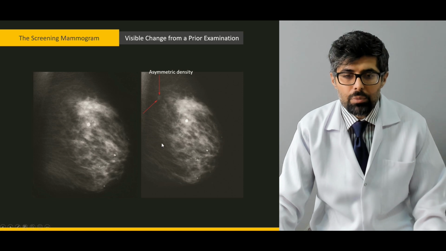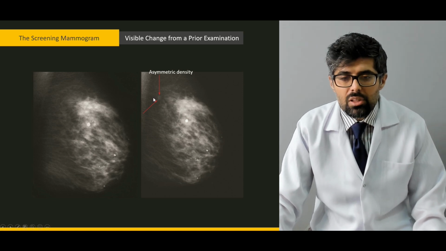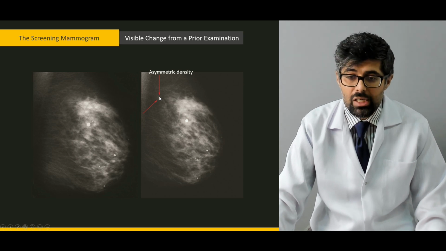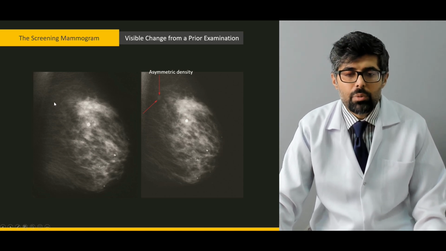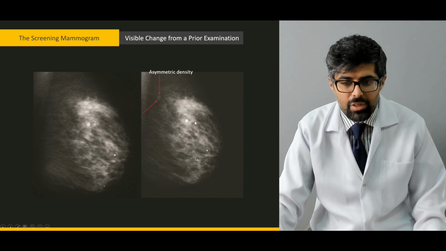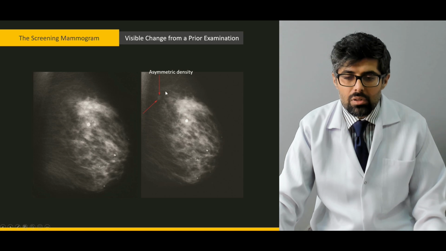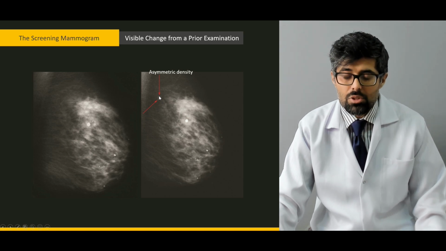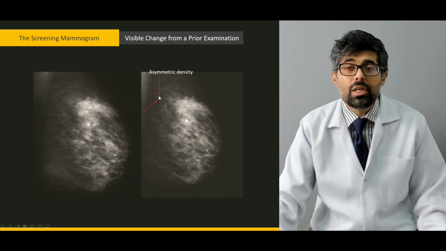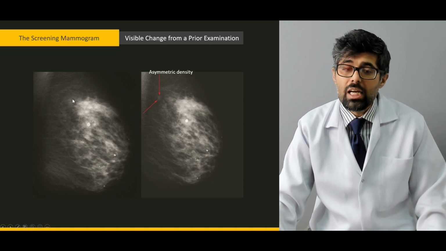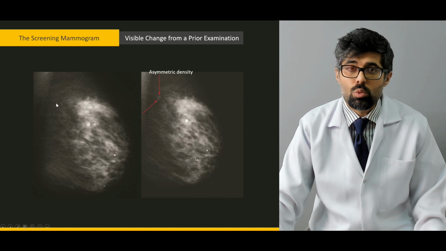Here is an example of an asymmetrical density which is developing, as you can see that it is very light, and is absent in the previous one. Though calcification, this area, is present in both, the developing density, which may be benign, may be malignant, we do not know at this point, is developing and was absent in the previous one.